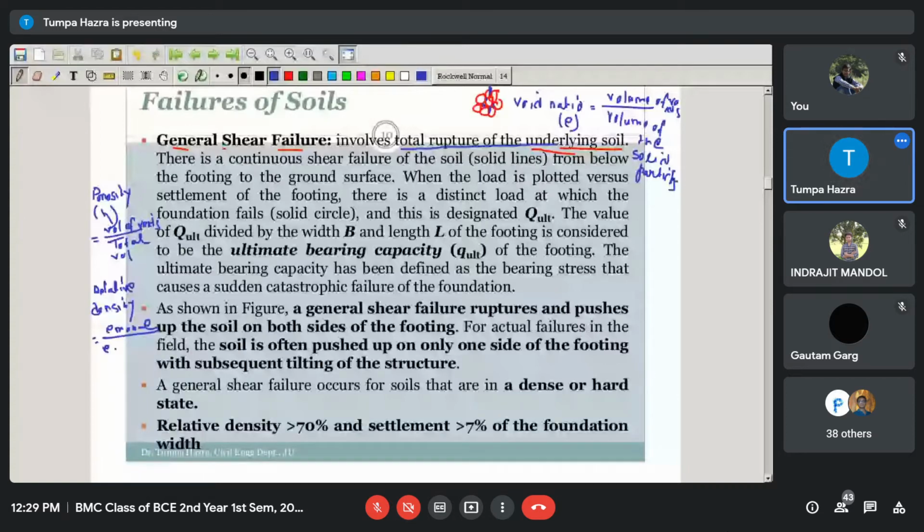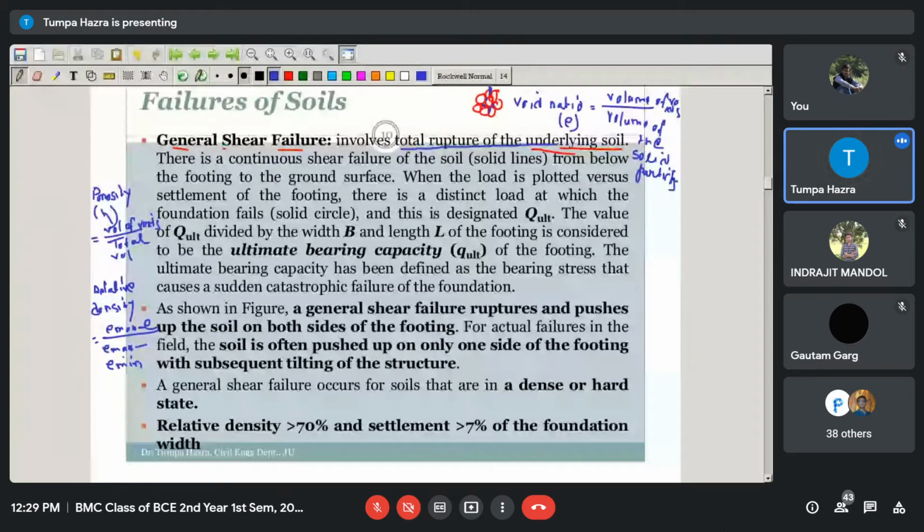That is, the maximum void ratio minus the void ratio of the existing condition by the maximum void ratio minus the minimum void ratio.